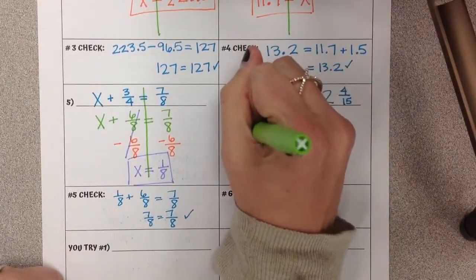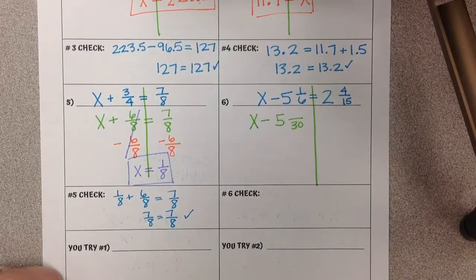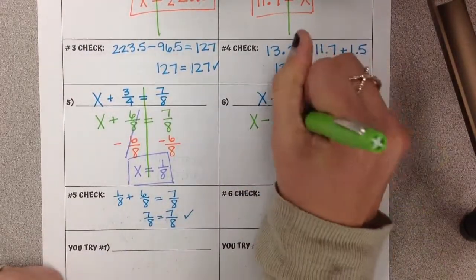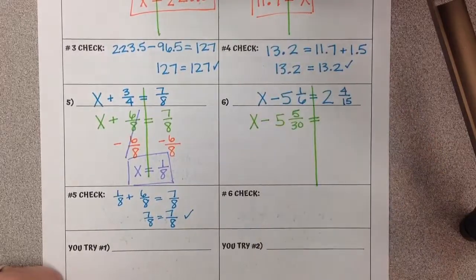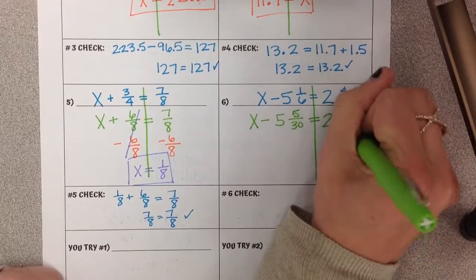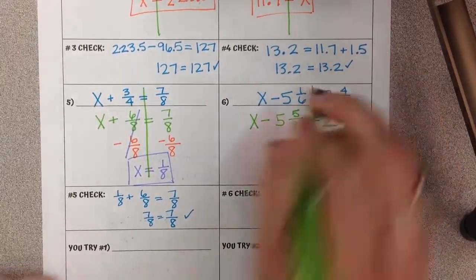So I'm going to rewrite this. X minus 5, our denominator is going to be 30. 6 times 5 is 30, so 1 times 5 is 5, equals 2, and we need our denominator of 30. 15 times 2 is 30, so 4 times 2 is 8.